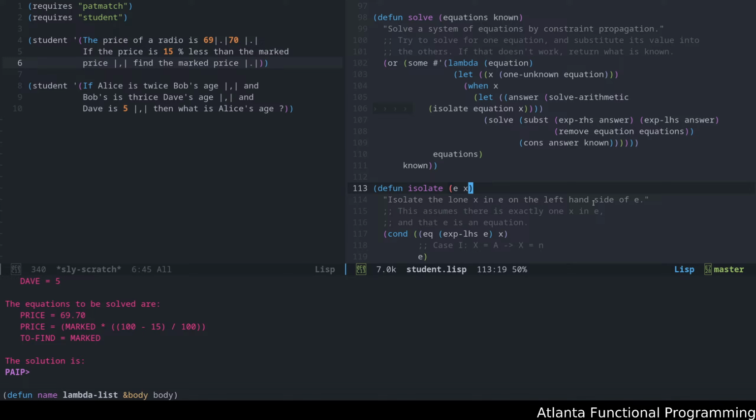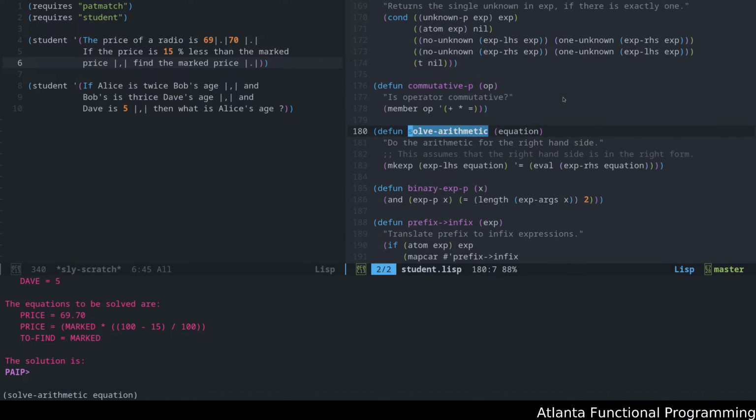Okay, so the way to do this is to solve the arithmetic here. And how do we do the arithmetic? Okay, that's right, because we want to make an expression with the left-hand side and the evaluated right-hand side.